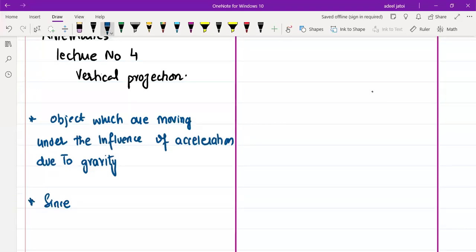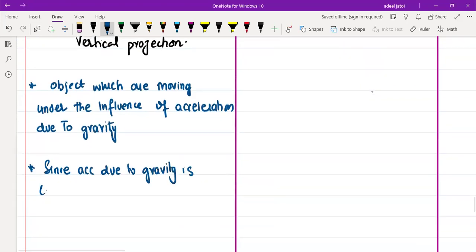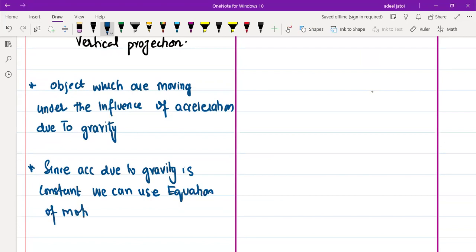Since acceleration due to gravity is constant, we can use equations of motion.